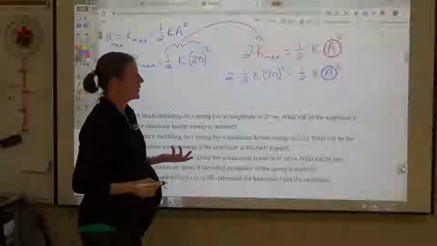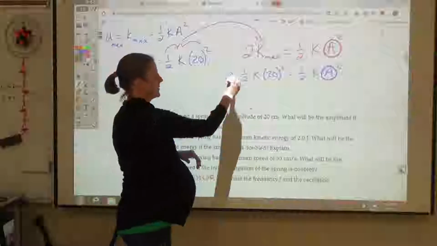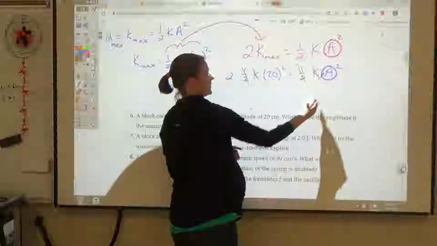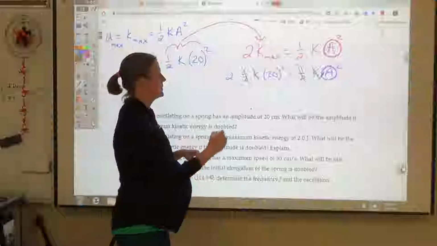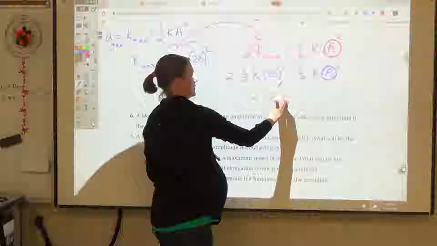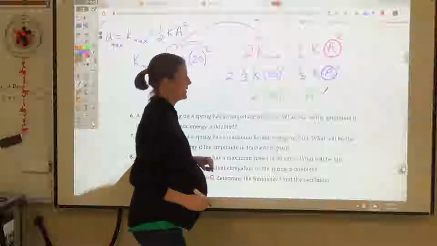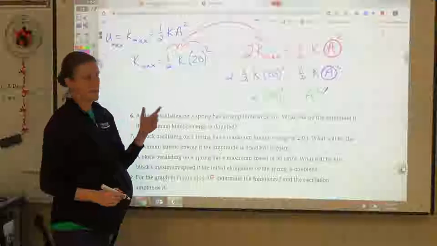A bunch of things are going to go away. I've got a 1/2 and a K on each side, so I don't need those. So really I've got 2 times 20 squared equals A squared, and then just take the square root.